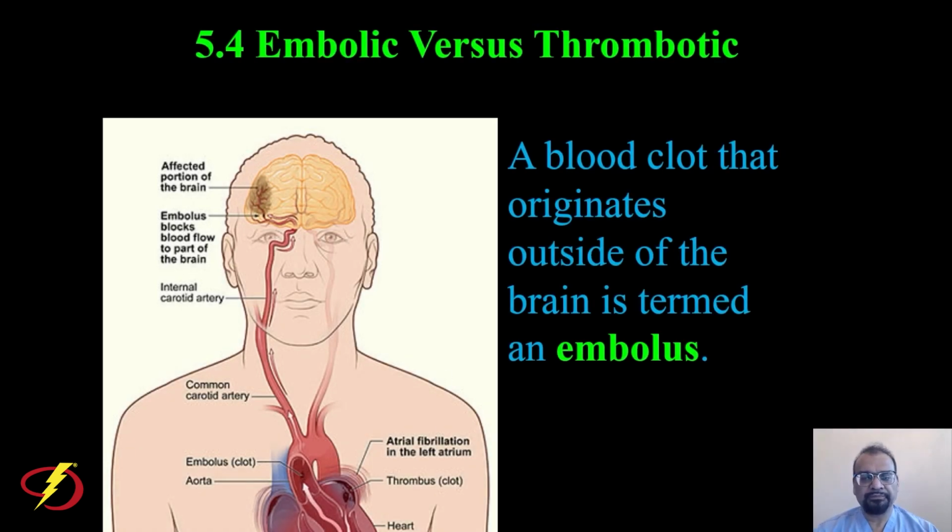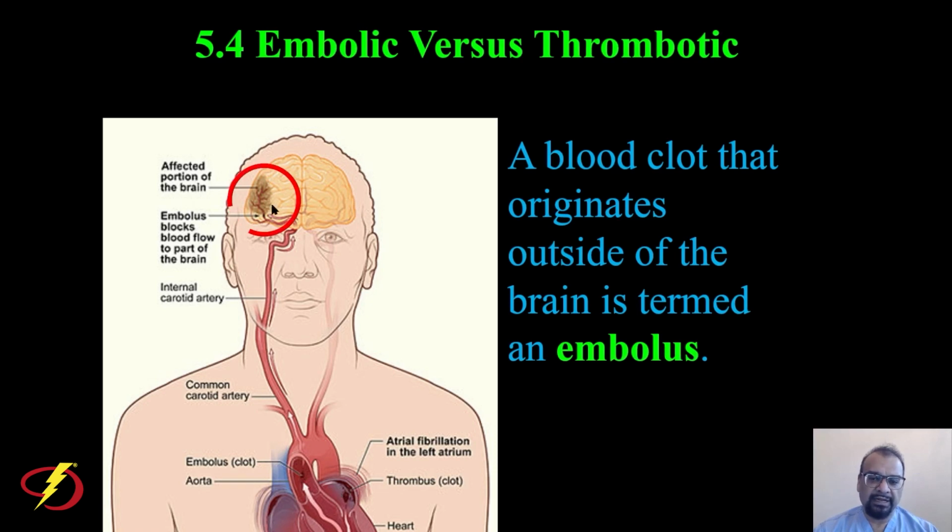Another thing we have to discuss is the concept of embolic versus thrombotic. Now, these two words are used in the stroke arena all the time and oftentimes incorrectly. So let's explain what this is. An embolus is a blood clot that originates outside of the brain. So here we have a patient with AFib and an irregular heartbeat forming clot in the heart, which is launched up into the brain.